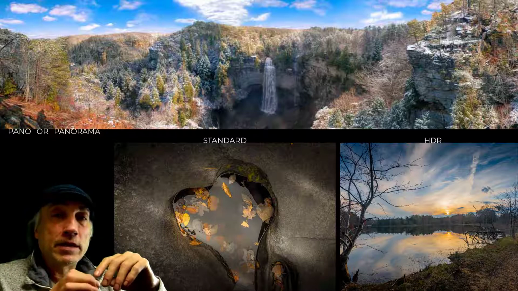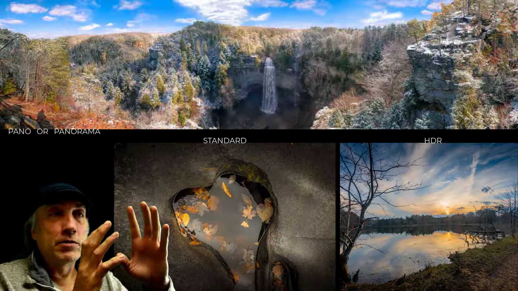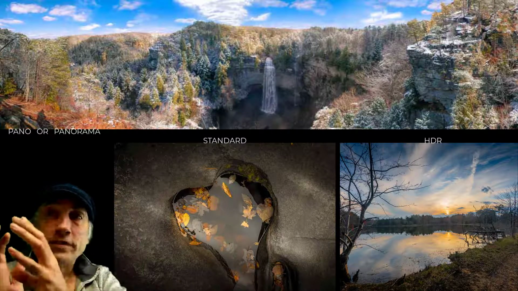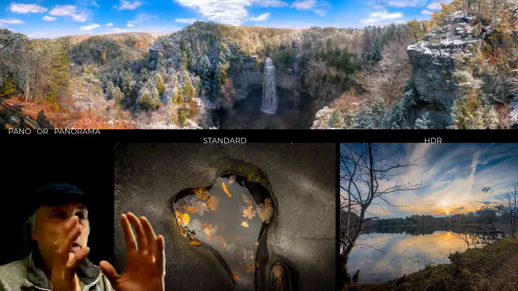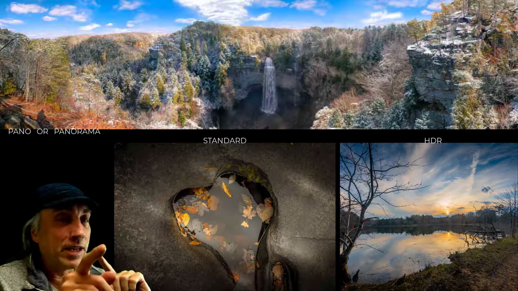Panos do the same thing. The only difference is panos is using the same exposure, just capturing a wider vista, because you're taking a picture here, moving it, and then stitching it together in Lightroom. I'll show you how to do that later.